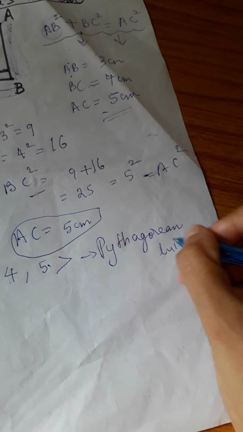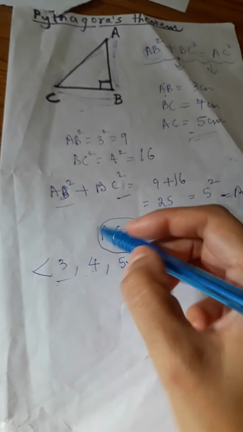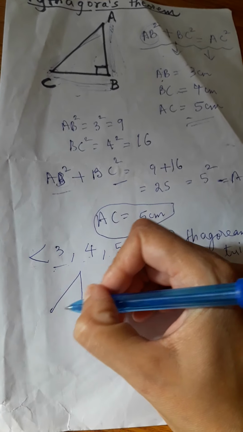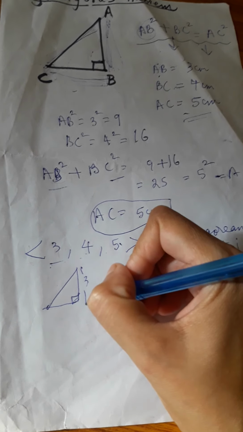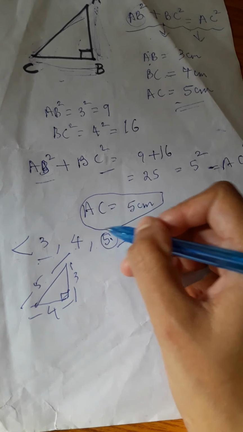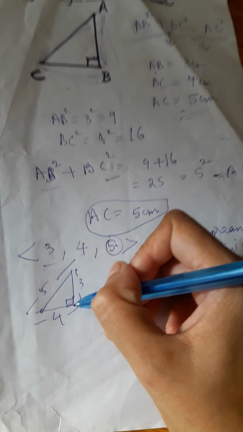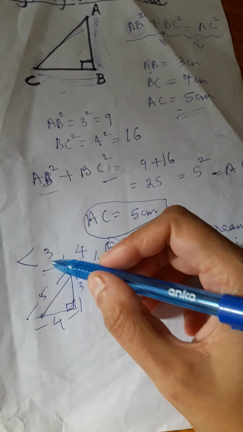A set of 3. Why? Because if you have a triangle with the sides in the ratio 3, 4 and 5, obviously the longer side corresponds to the hypotenuse, it has to be a right angle triangle. So 3, 4, 5 form a Pythagorean triplet.